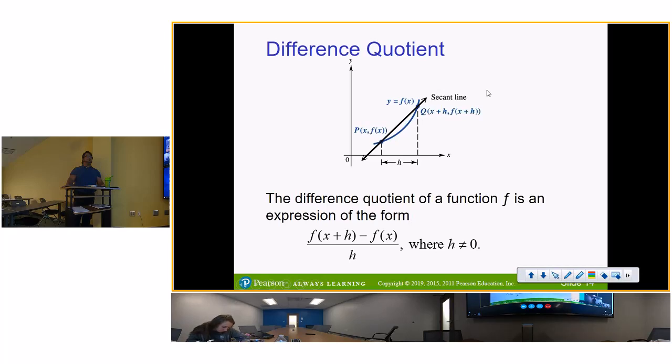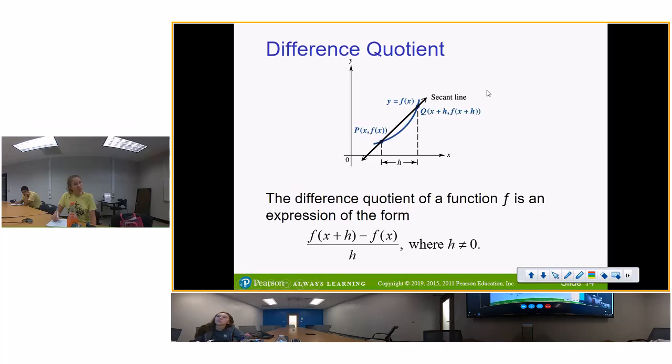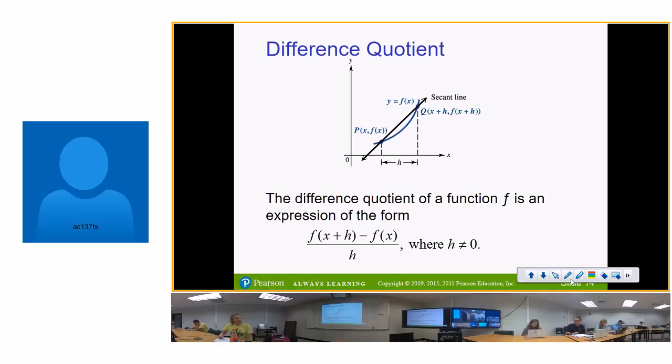Now somebody tell me, looking at those 2 points on that graph, what are we actually finding? Not the arc, but that's a good guess. Which way do we read? Left to right.